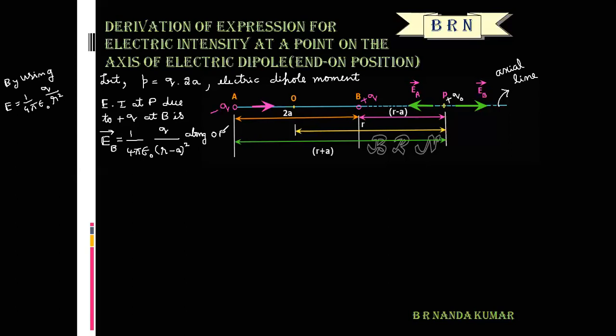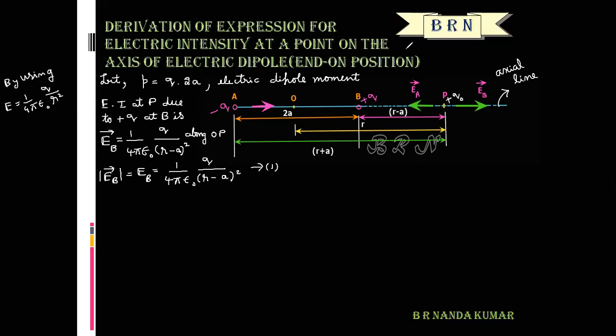That is directed away from the center of the electric dipole. So the magnitude of EB vector is EB, and this value is 1 divided by 4 pi epsilon naught, q divided by (r minus a) whole square. Call this equation number 1.